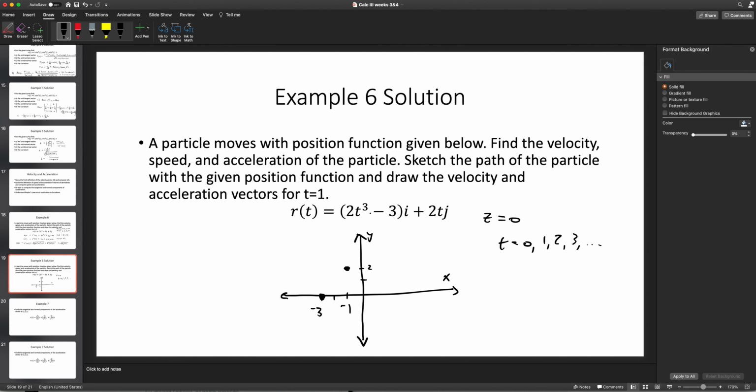When t is 2, you get 8 times 2 is 16, minus 3, so 13, and it's going to be 4. Okay, etc., etc. I think we're kind of seeing the pattern.